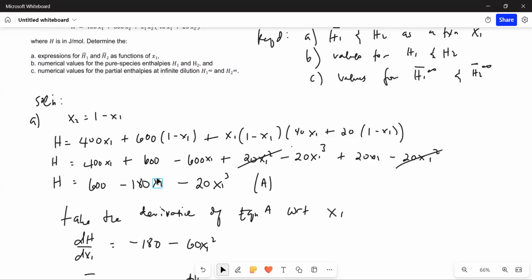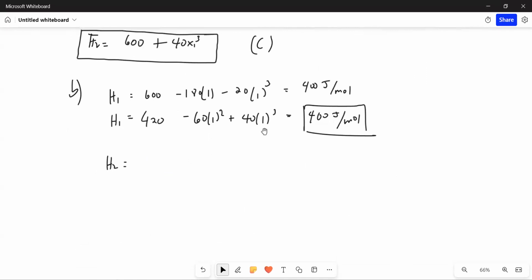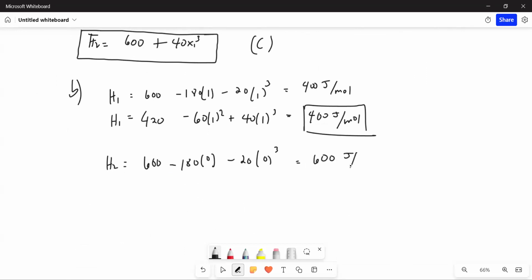So we simply substitute 0 for X sub 1 to get the pure species enthalpy H sub 2. Let's do that. That means 180 times 0, 20 times 0 cubed, and this would give us 600 joules per mole.